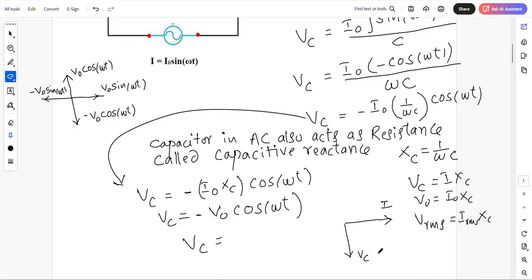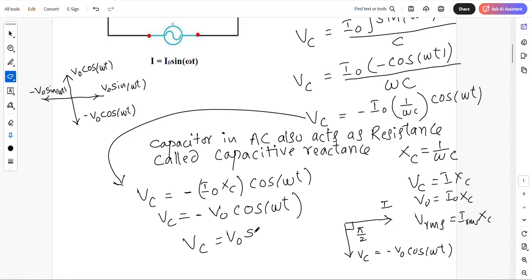Vc is equal to minus of V naught cos of omega t, and it is lagging by an angle pi by 2, that is 90 degrees.